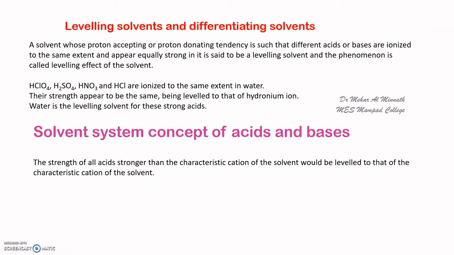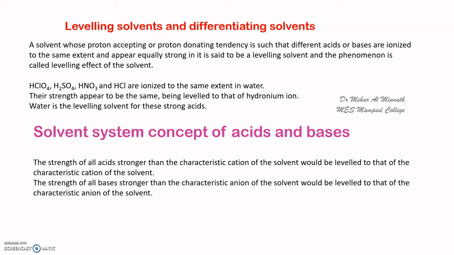That means all acids will have the same strength in that solvent when the strength of the acid is greater than the strength of the corresponding cation in the solvent. That is the solvent system concept, and that explains the leveling effect or leveling solvents.